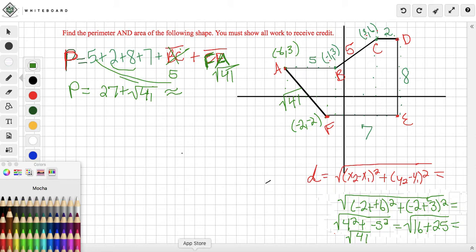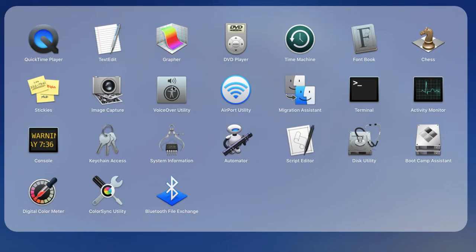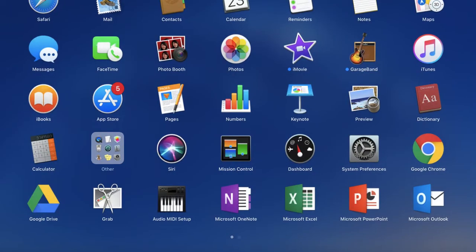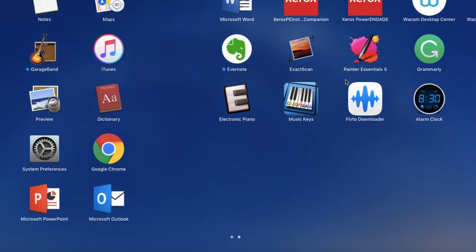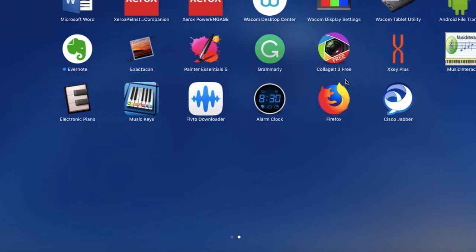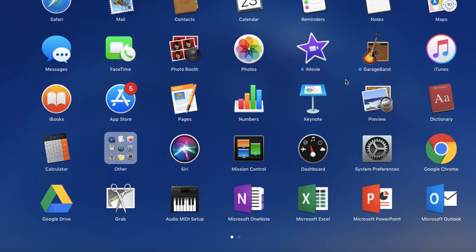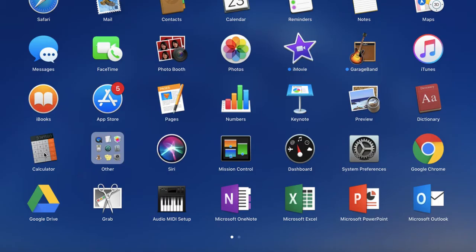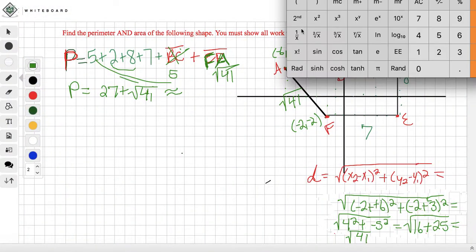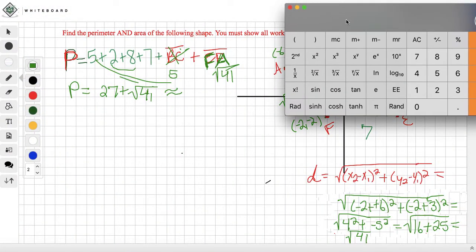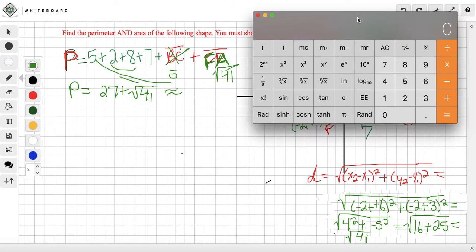So if you do it on a calculator, let me see if I can pull up my calculator real quick for us. Sorry, I could have had this pulled up before, but I did not. Apologize for that. Okay, so we have 41, and we want to find the square root of it.